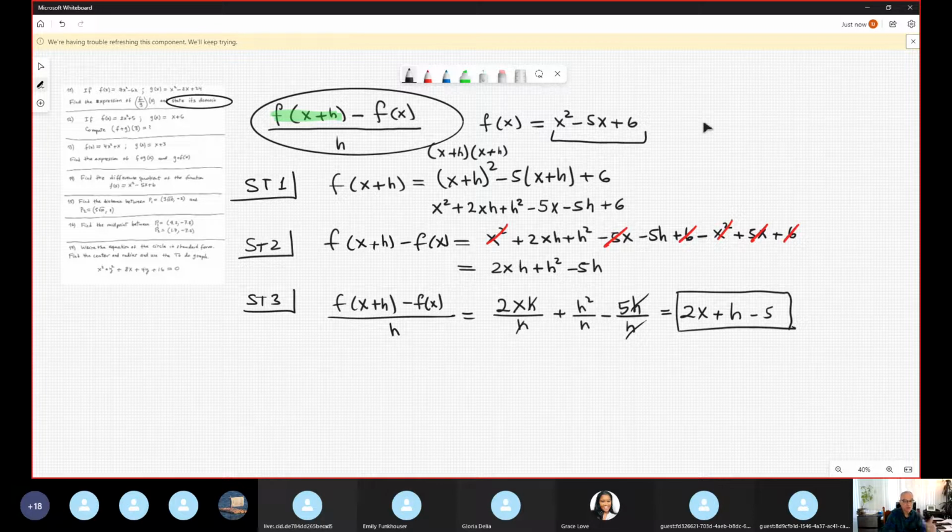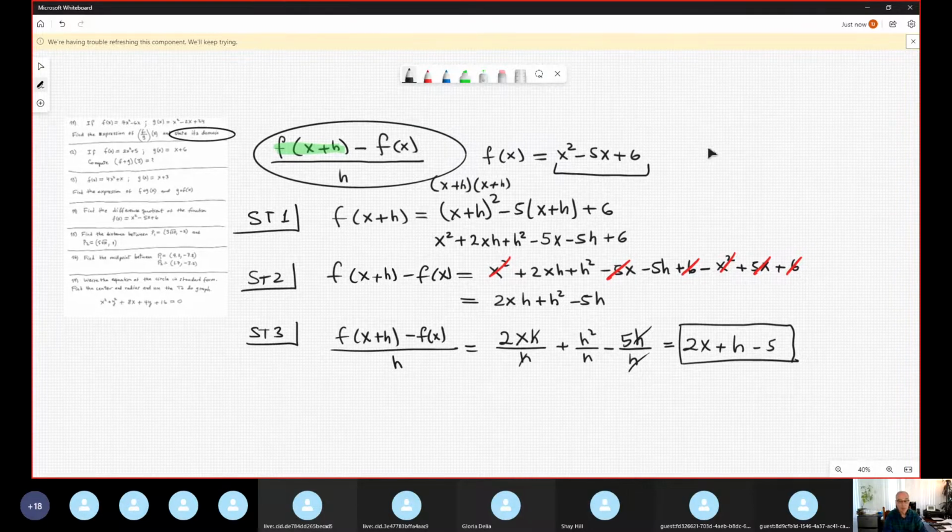Another application of function notation is transformation. To understand transformation, you need to understand function notation. Okay. No problem? No problem, right? Erase? No problem. Yes.